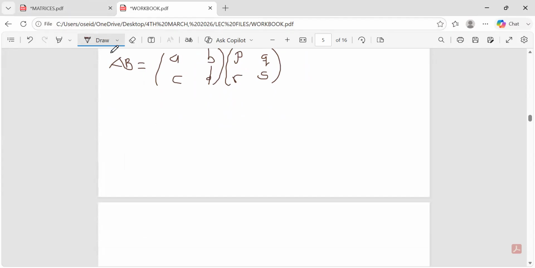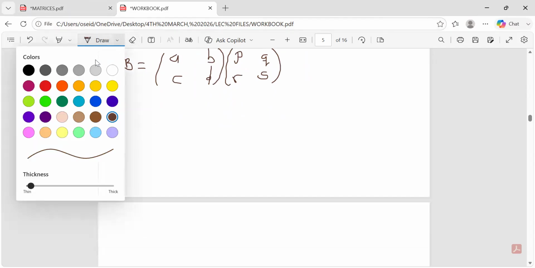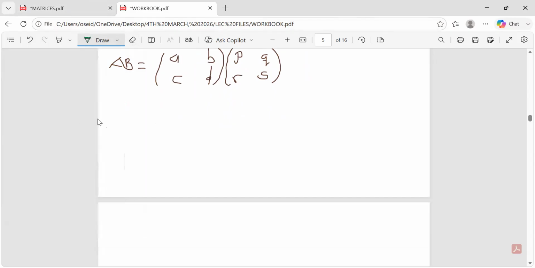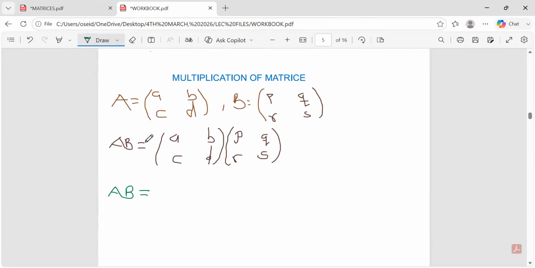Alright. So therefore AB will be equal to, note that with this there is no scalar. So when you take component A, you multiply it with the first column, then you take component B, you multiply it with what?